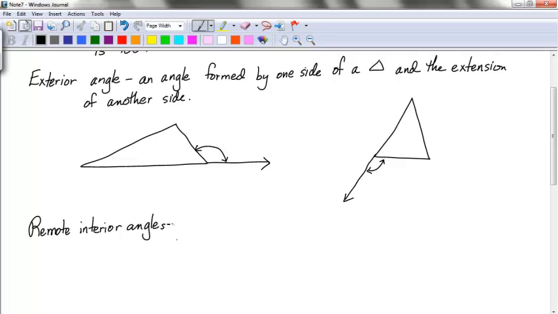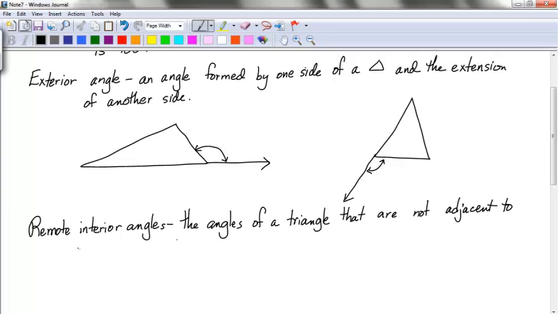Those are the angles of a triangle that are not adjacent to a given exterior angle.